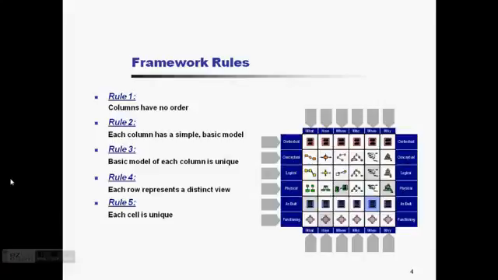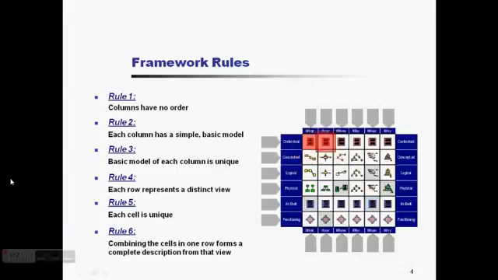So for every cell you need to have a different graphical representation because every one of them are unique. These also account for a large number of information systems design models and methodologies that have emerged over a number of years.